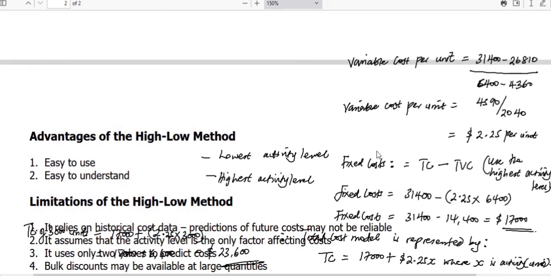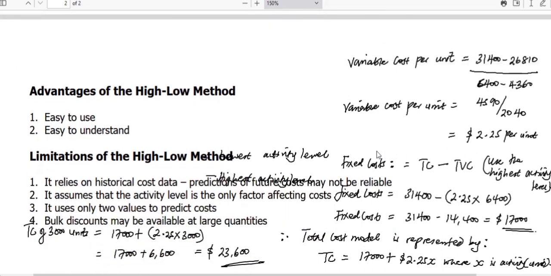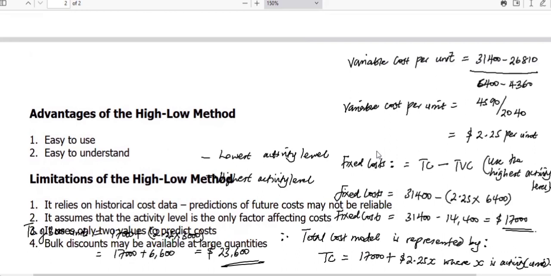It's easy to use, and of course, it's easy to understand, but it also has some problems. First of all, it relies on historical cost data, so the predictions of future costs may not be reliable. Then still, it assumes that the activity level is the only factor affecting costs. That assumption is not correct.